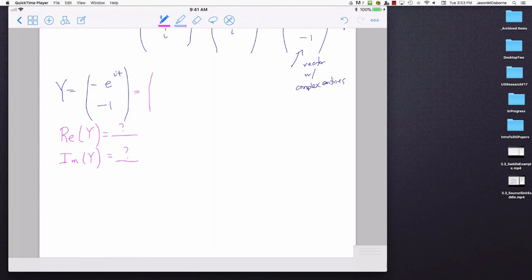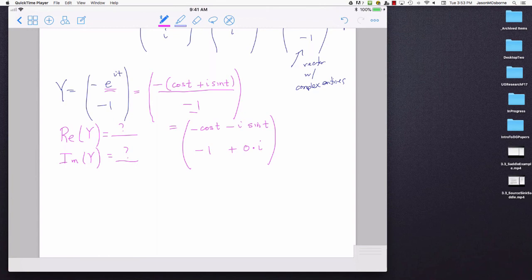The way you address that is to use Euler's formula. E to the it is cosine of t plus i sine of t, negative 1. Okay. Split out the parts that have complex numbers in them, real and imaginary numbers. Take a look here. We'll distribute and get minus cosine of t minus i sine of t. And negative 1 is the same thing as negative 1 plus 0 times i.